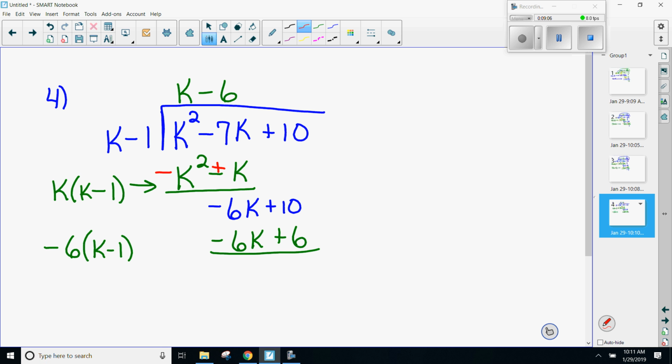And if you subtract negative 6k, it becomes positive 6k. Positive 6 becomes negative 6. Now your 6k's cancel. You want it to be the same value, then negate it. So when you group those together, you end up with 4. So it's plus 4 over k minus 1.